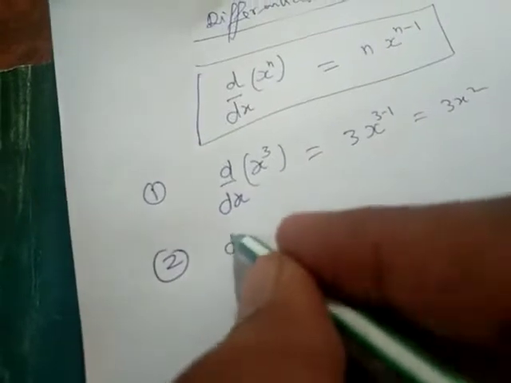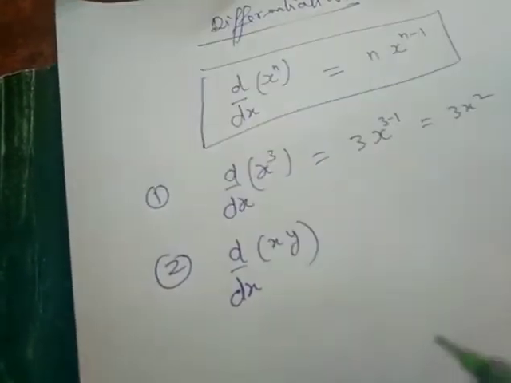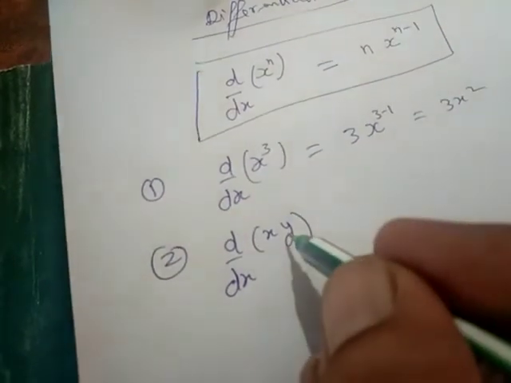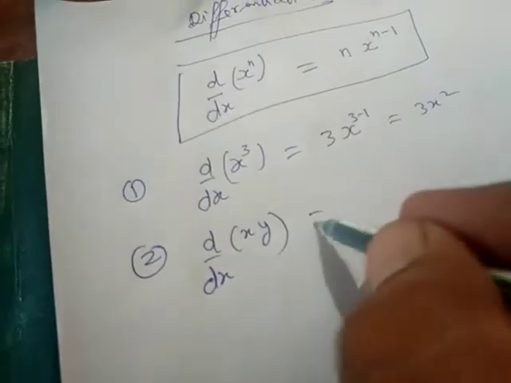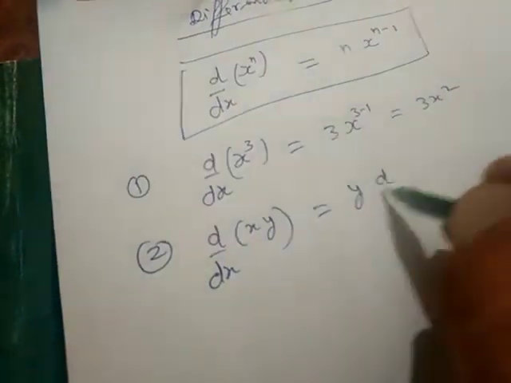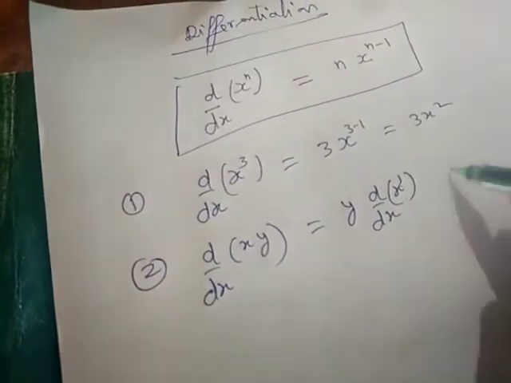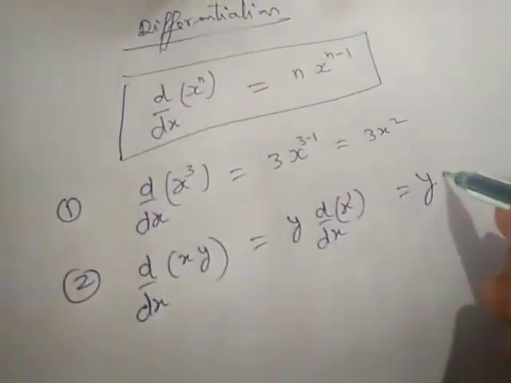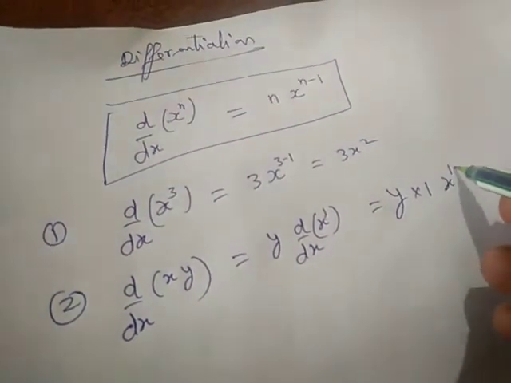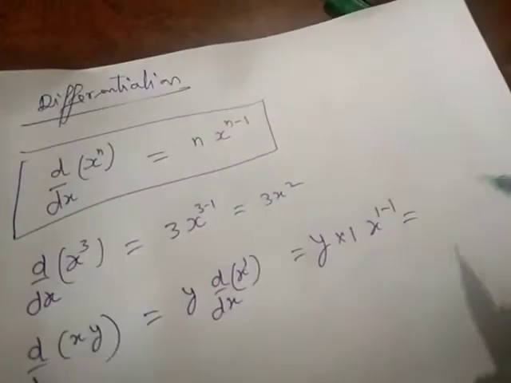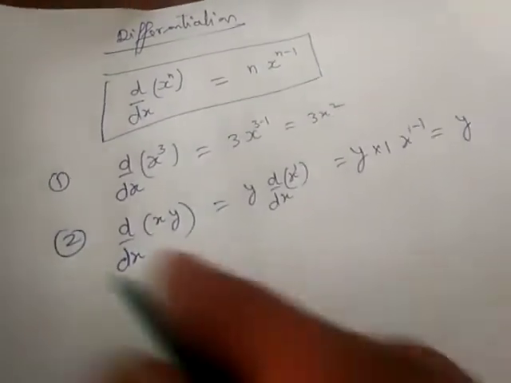If we are differentiating d over dx of xy, here y is considered constant because we are differentiating with respect to x, so y is out, d over dx of x to power 1. Now n is 1, y is already there, multiplied by 1, and x to power 1 minus 1 becomes x to power 0, so this equals y. Any power 0 equals 1.